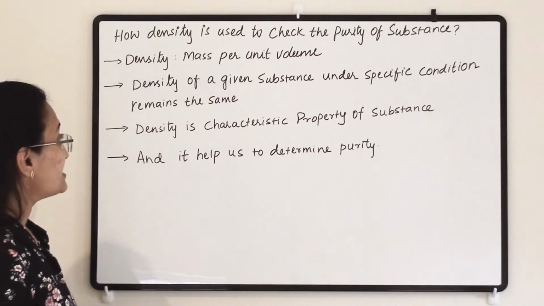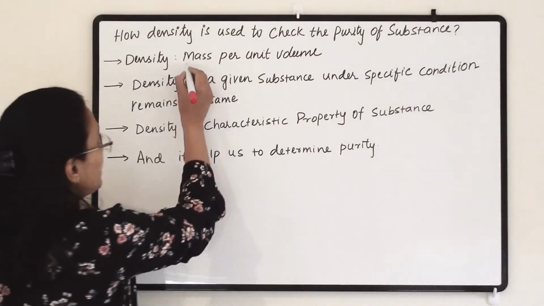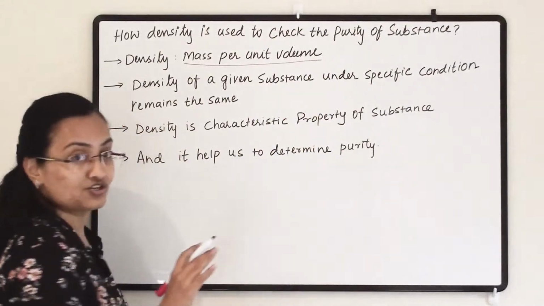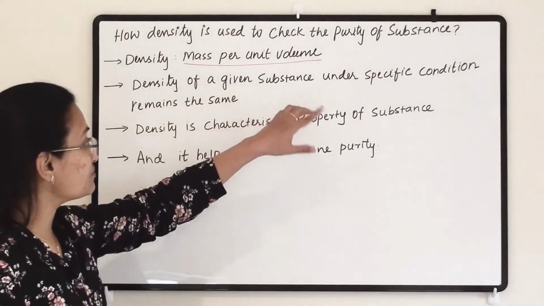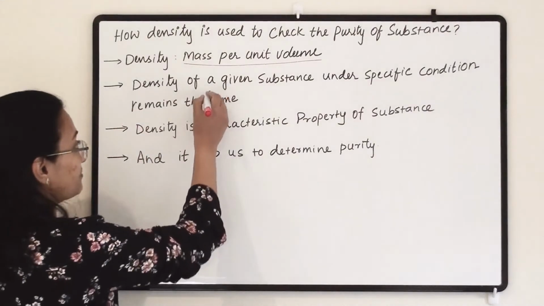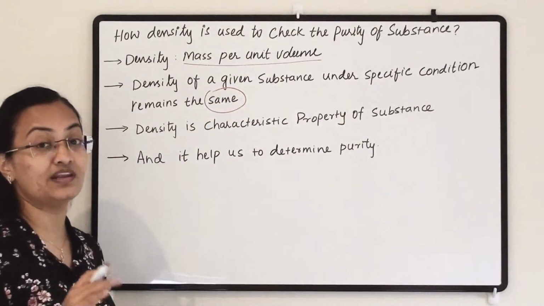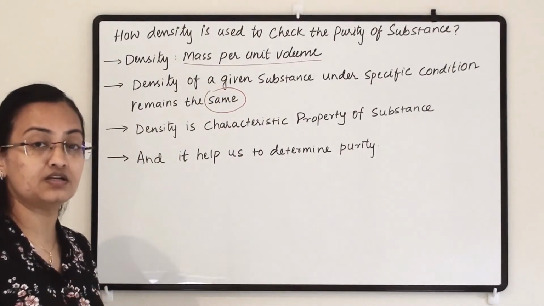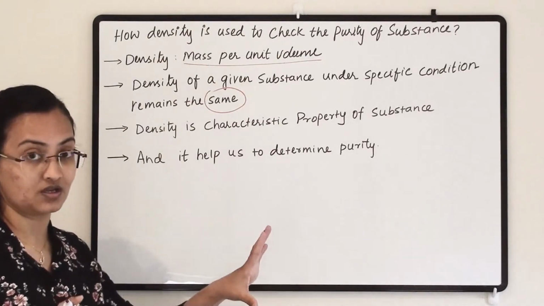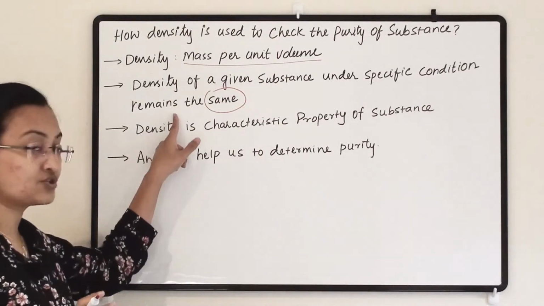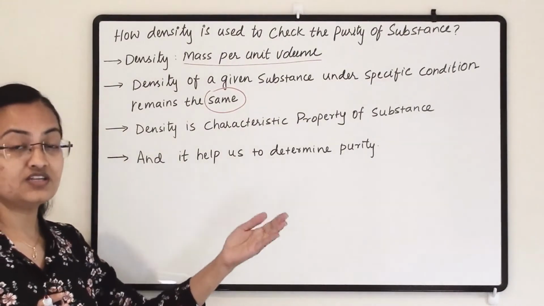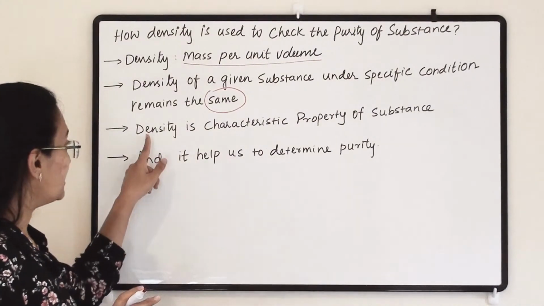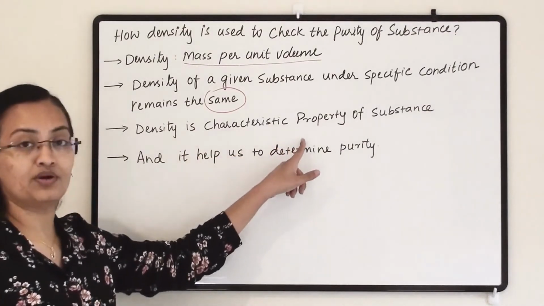So what is density? Density is mass per unit volume. This is the definition of density. The density of a given substance under specific conditions remains the same. The density of a substance will never change, and under specific conditions it will remain constant. Because it remains constant and is specific for each and every substance, it becomes a characteristic property of a substance.